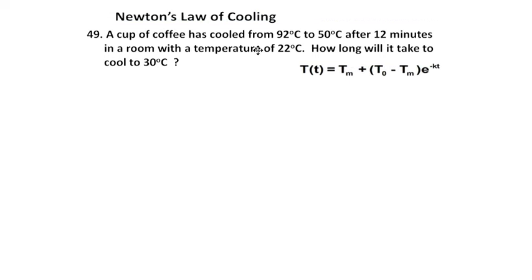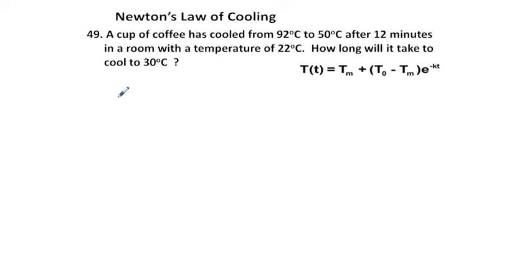Okay, we're given the formula. This is one that will take some work because what we have to do is use this cooling we've done here after 12 minutes with the time to go and find the value of K. And then having found K, we plug K back into the original equation to find what our final temperature is.